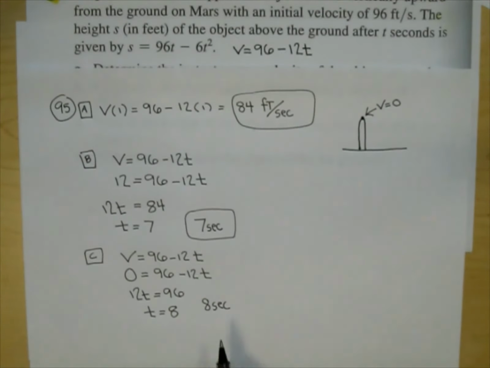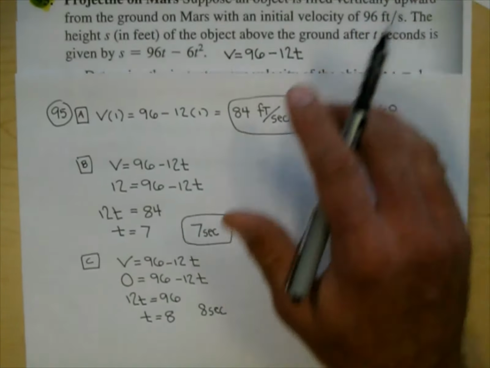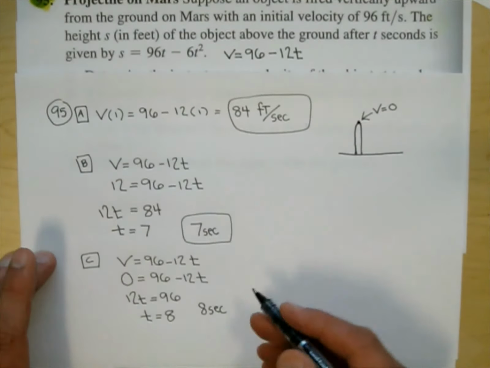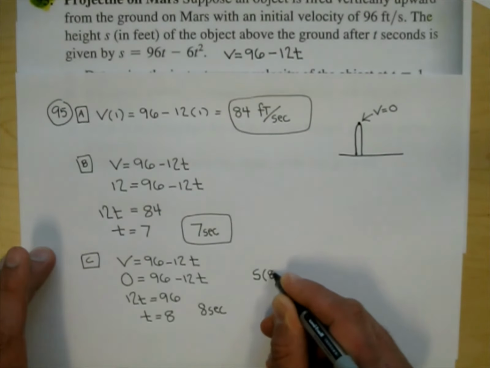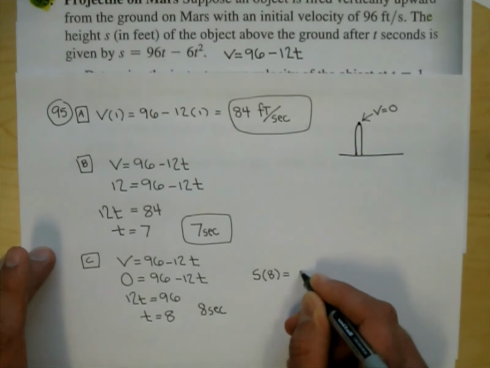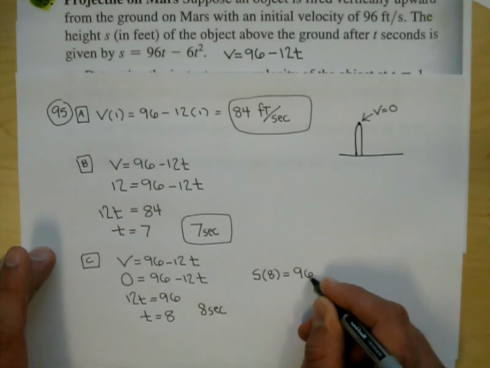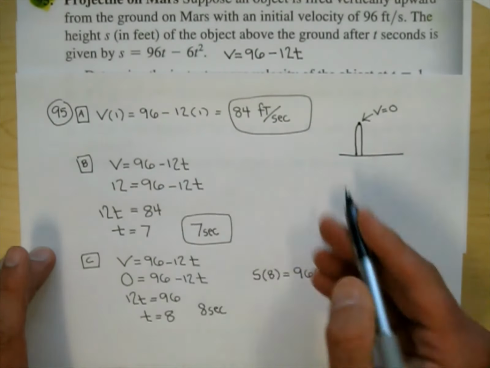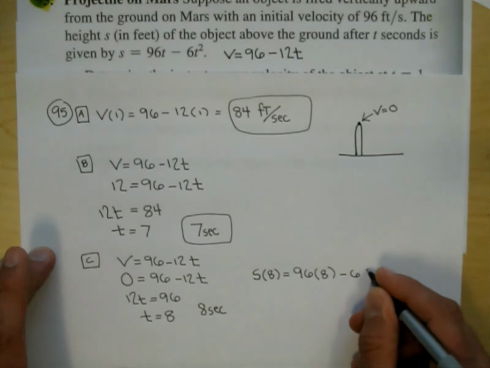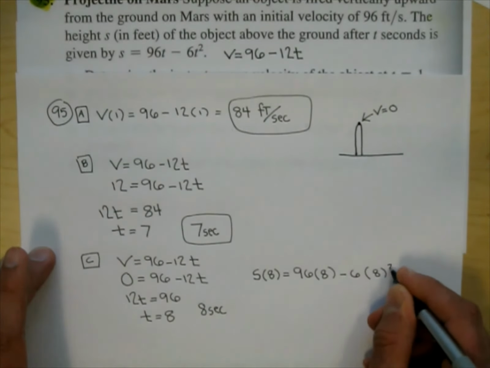So what we're going to do with 8 is plug it into the height function, the position function. We're going to go s of 8. This is going to give us 96 times 8, so I'm plugging it in right there, minus 6 times 8 squared.